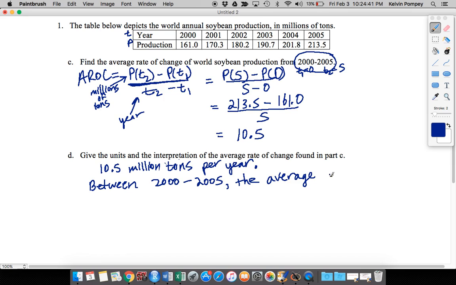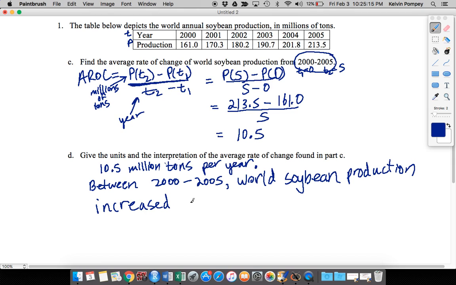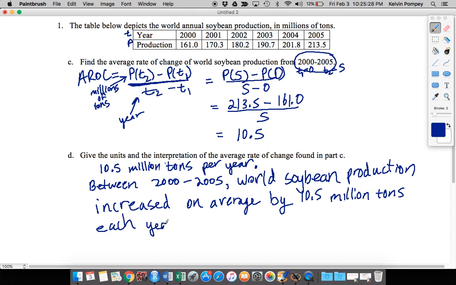the average world soybean production increased, since it's positive, on average by 10.5 million tons each year.